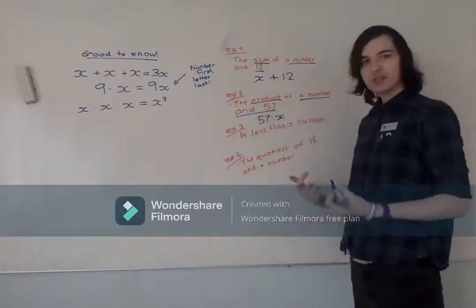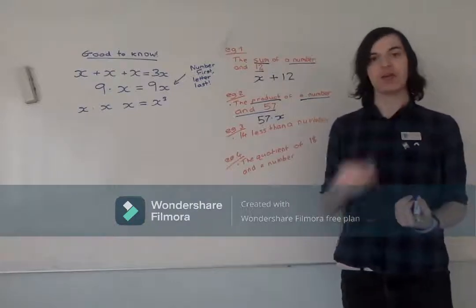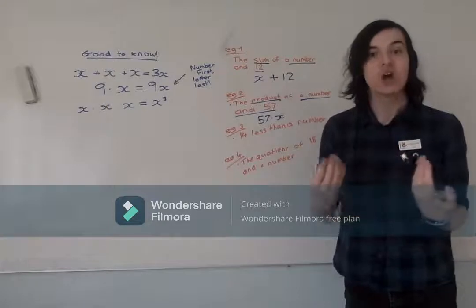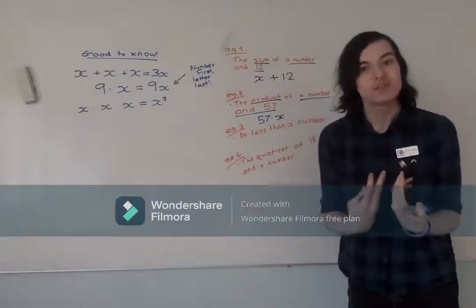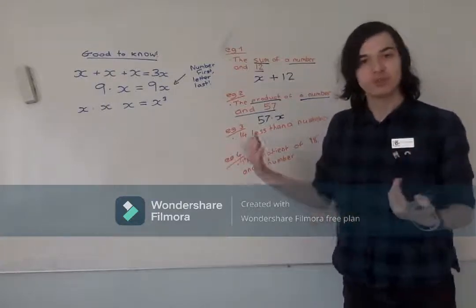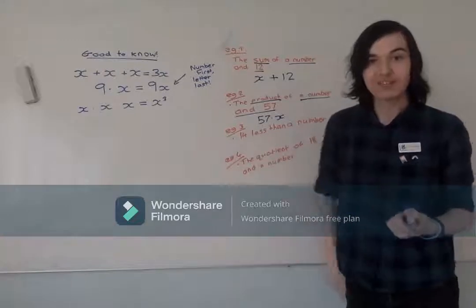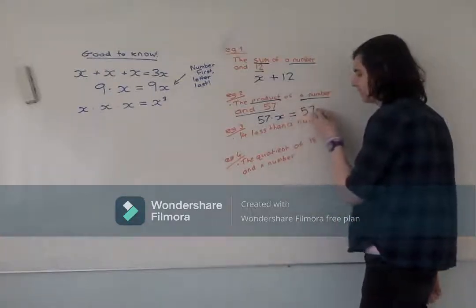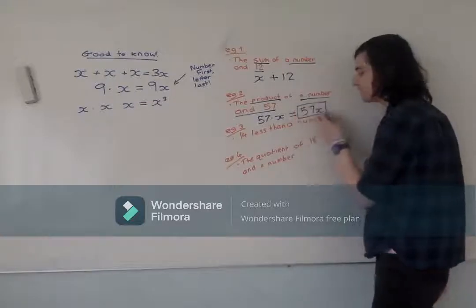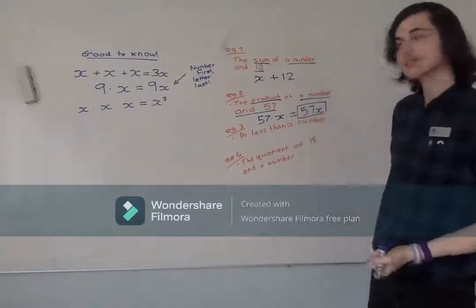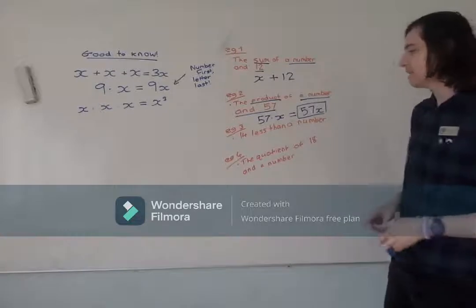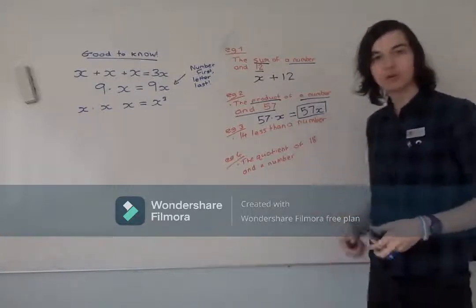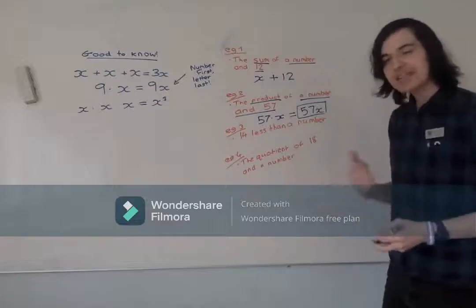Now 57 multiplied by x, if we have a coefficient followed immediately by a variable, number followed by a letter, we could just stick together with invisible glue. That will do the job of our multiplication symbol. So that is it, 57x. Number first, letter last. Next one after that is 14 less than a number. So this time, less than.